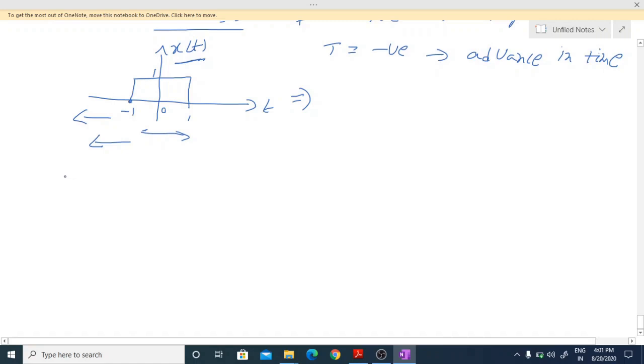So now let us consider capital T as +1 as well as -1.